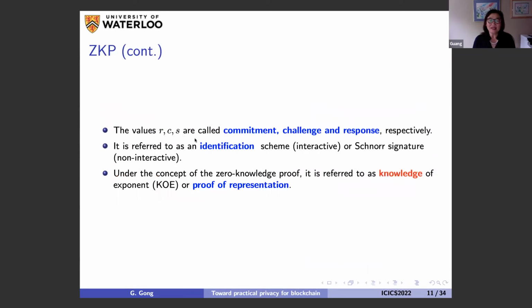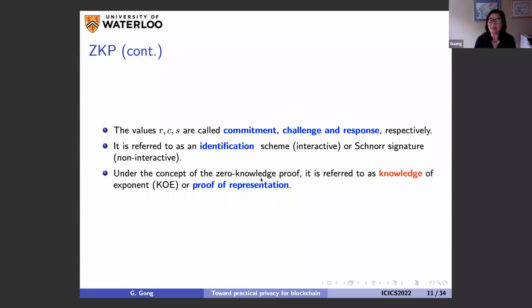The value R here is usually called the commitment, C is called the challenge, and S is called the response. The first one is called the identification scheme, which is the interactive one, and the second one is called the Schnorr signature scheme.